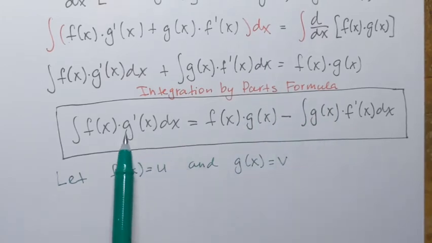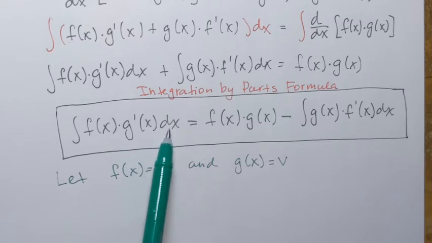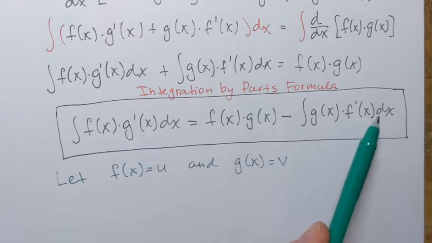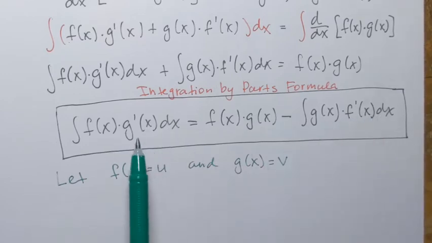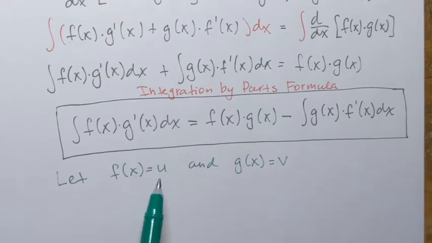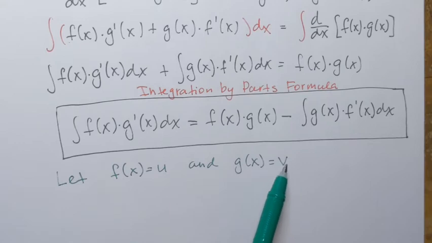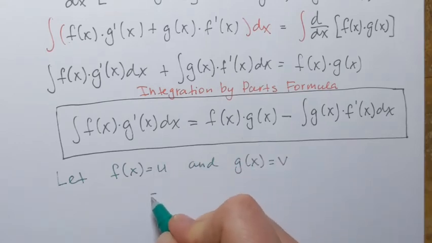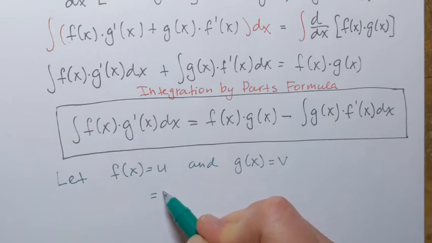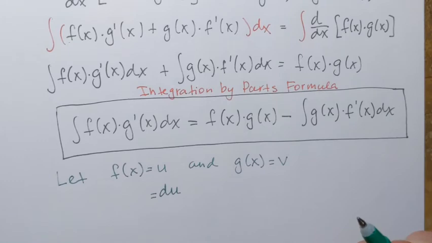But we also have this g prime x dx, and then f prime x dx, so we need to replace those parts in terms of u or v. So to do that, we're just going to find the differential of u and the differential of v. In other words, du and dv. We know that from the u substitution method, right?